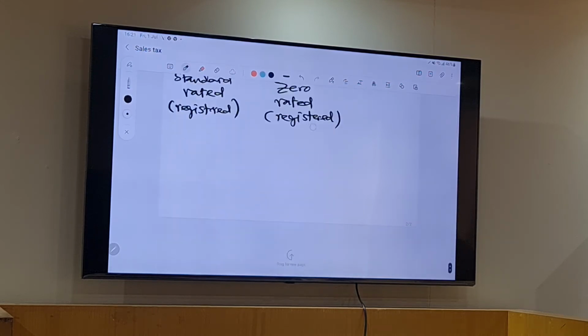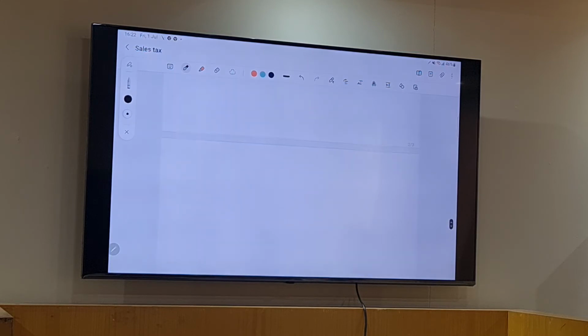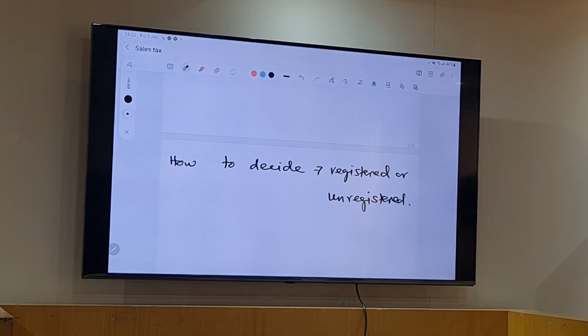Now the question is, how to decide registered or unregistered? How do I know?